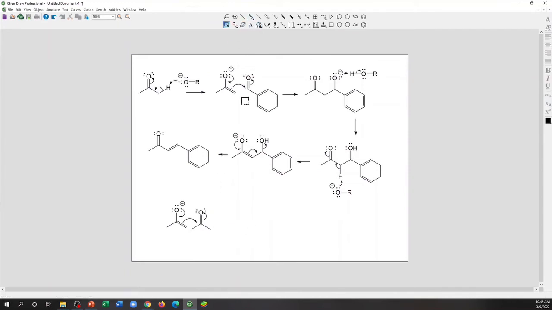So if we show what the result of that looks like, I'm going to use this as a template. Let's show the arrow. And I'm going to show an equilibrium arrow to remind us that it's not that this isn't happening, it's that when it does happen, it just undoes it. It just unwinds. So here, if I take this enolate and try to push it into another ketone, the resulting product looks like this.